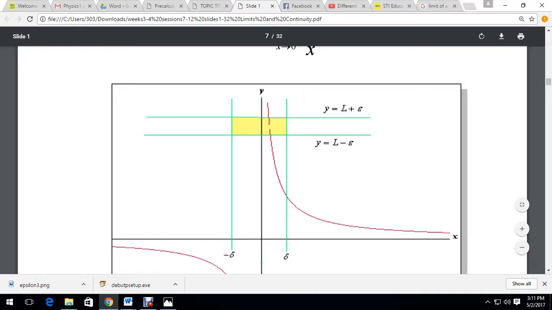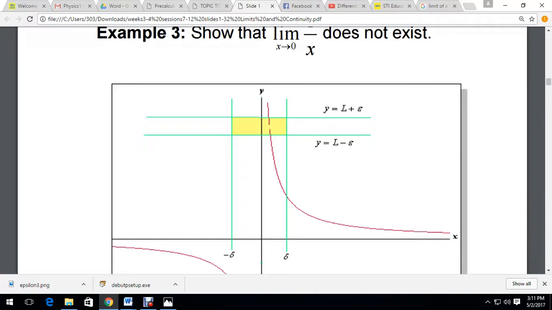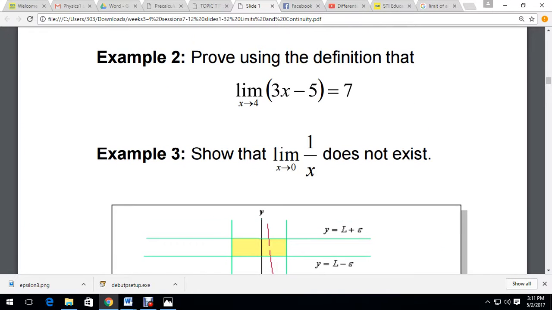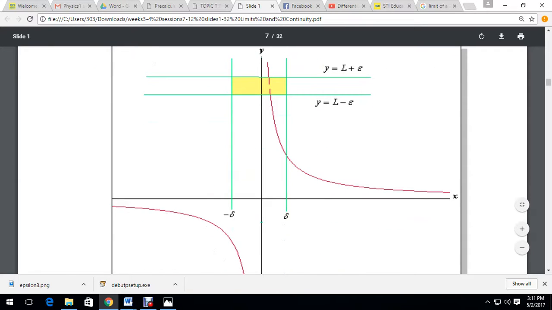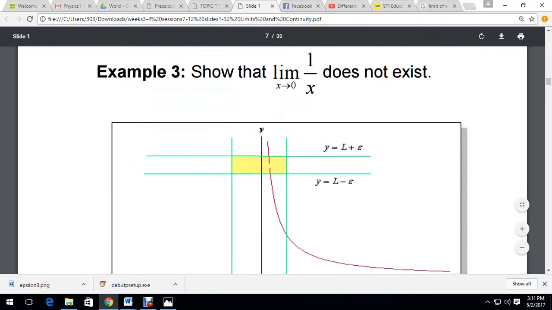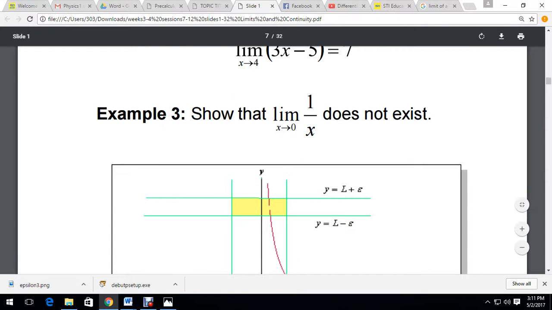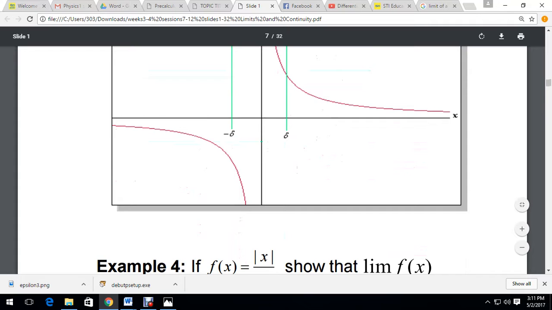And based on this illustration here, if you try to plot the values of 1 over x for values above or below 0, we know that the resulting values for x positive correspond to this graph. If we substitute values of x that are negative, the values of x would result in this graph.